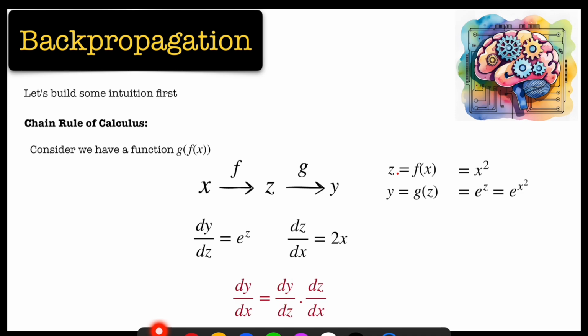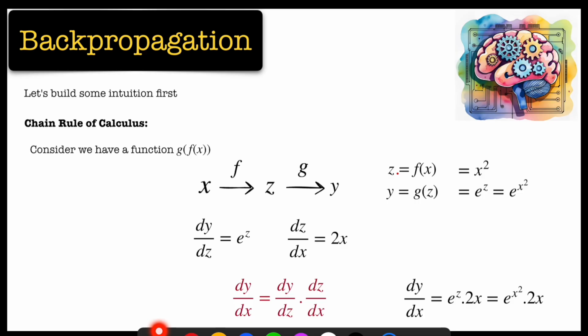That's why we are calculating these derivatives chain-wise. This is called the chain rule of calculus. So dy dx is e power z times 2x, that is, e power x square times 2x.